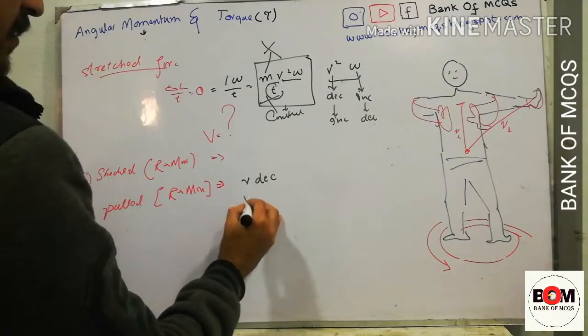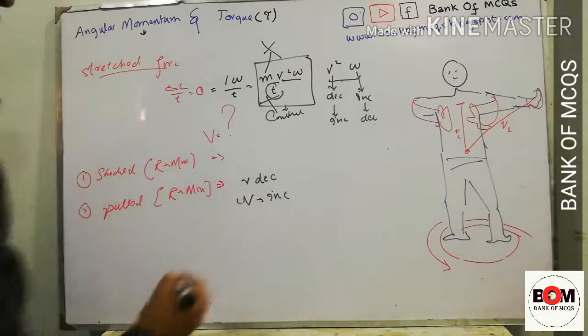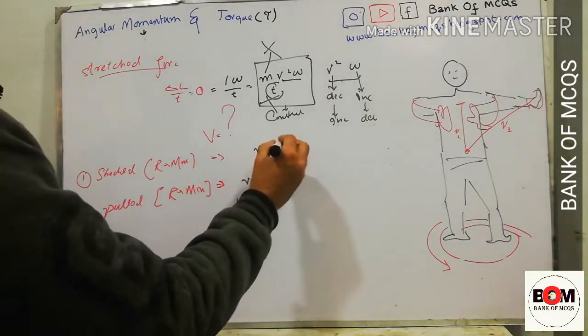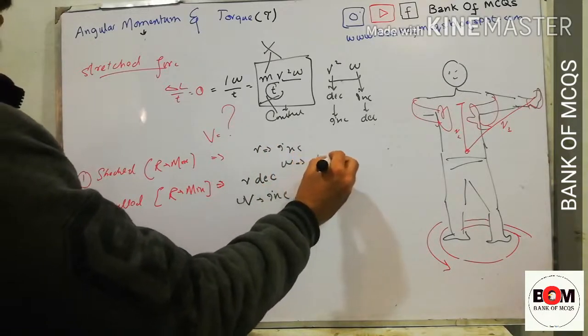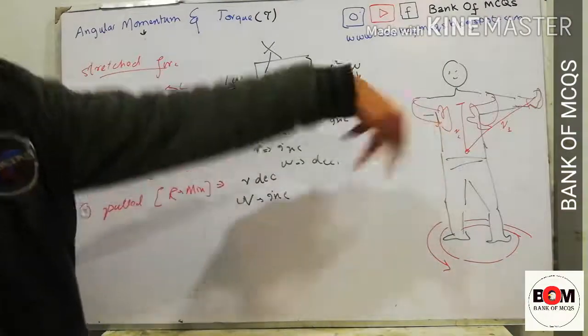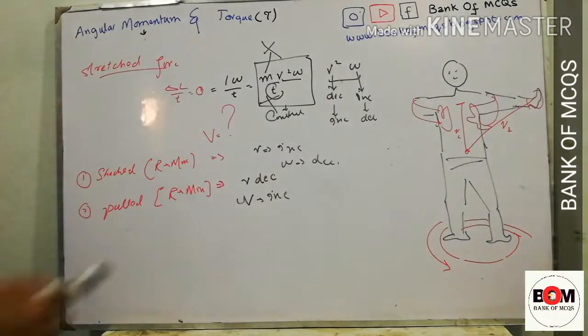As the radius decreases, angular velocity increases. And if he stretches his arms out, the radius increases and angular velocity decreases. So whenever he pulls his hands in, he will rotate with high speed. Now the same trick is performed in a somersault.